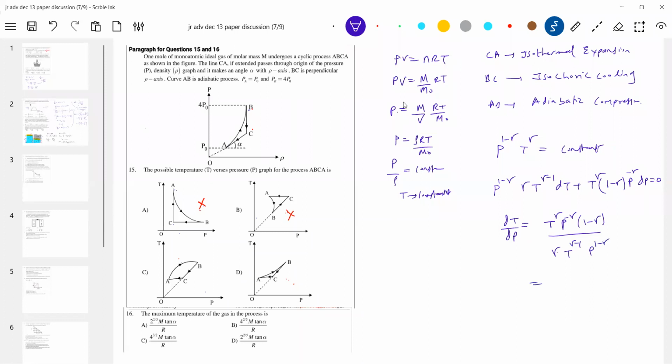This I'll send over, so 1 by T will be left over here. Minus of that, sir. Negative sign. So 1 minus gamma by gamma will be there as it is. So T to the power of gamma minus 1, T will be there in the numerator. This will cancel and P will be there here. And negative slope. Check it now. So what can the slope be?